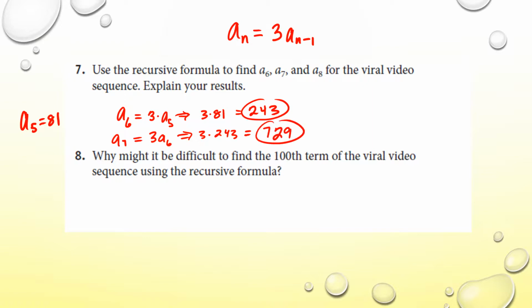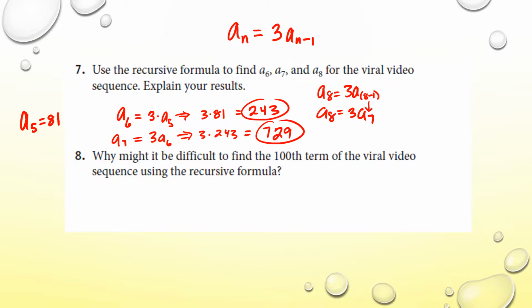I'm giving you time. Make sure you're doing it yourself, right? A sub 8 is going to be 3 times a sub 8 minus 1, or a sub 7. Let me show that the long way. A sub 8 is 3 times a sub 8 minus 1, right? And 8 minus 1, since our n is 8, is 7.